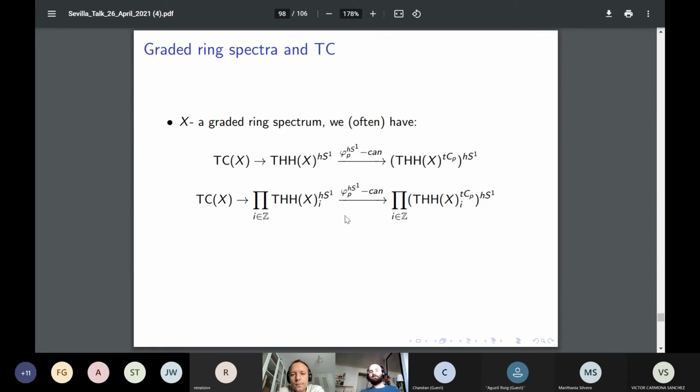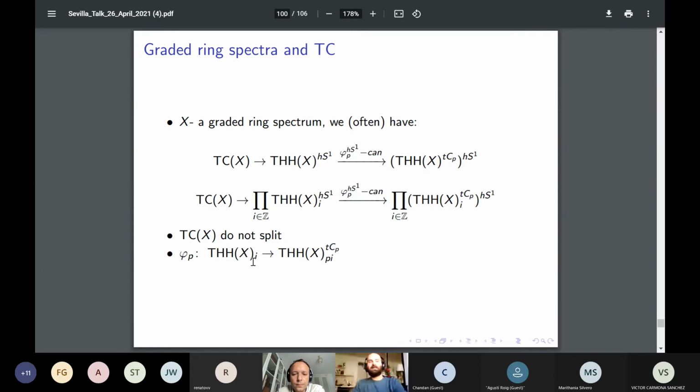So these parts split, but topological cyclic homology doesn't necessarily split because the Frobenius map does not respect this graded splitting. Because this Frobenius map is like the classical Frobenius map that takes the p-th power, right? If you take a graded ring and take the p-th power of an element, that doesn't respect the grading.